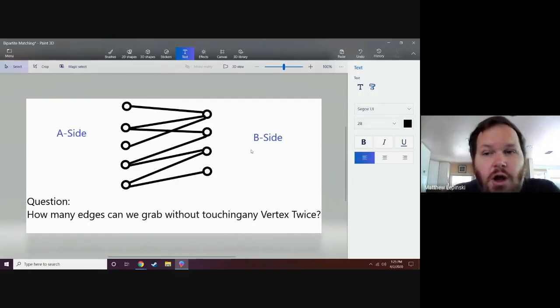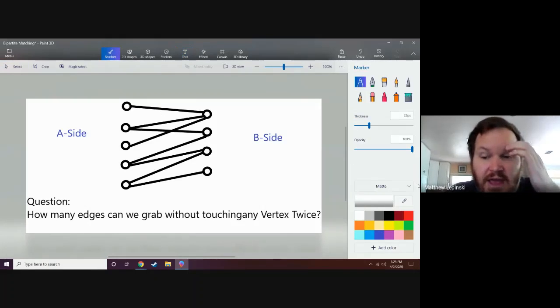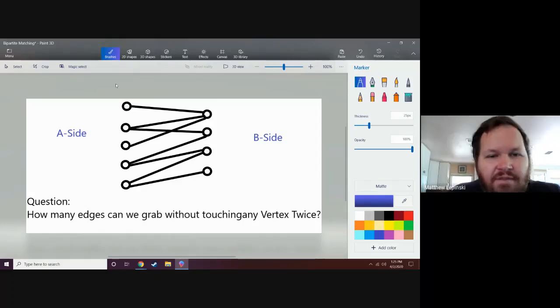Okay, so the matching problem is a classic graph theory problem, and in the matching problem, I've got 5 A nodes and 4 B nodes. I could match this person here with that person there, then I could match this person and this person, and then this person and this person.